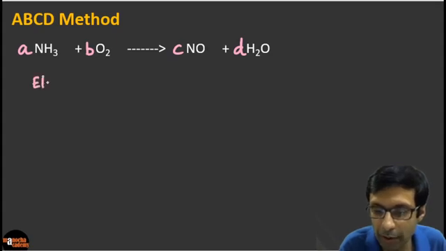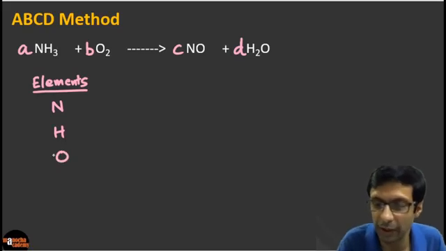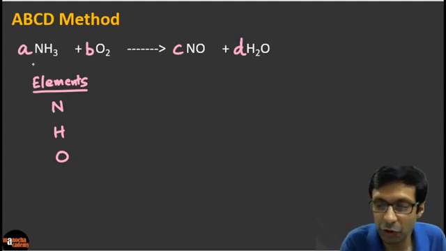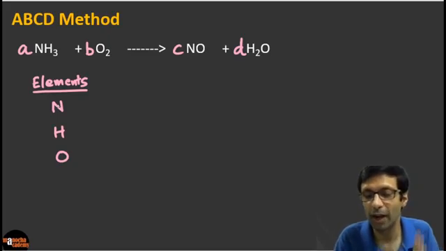Our table has elements. So what were our elements here? Nitrogen, hydrogen and oxygen. Okay. Now we want the atoms of each element to be balanced. So let's look at the number of atoms of nitrogen on the left and on the right.